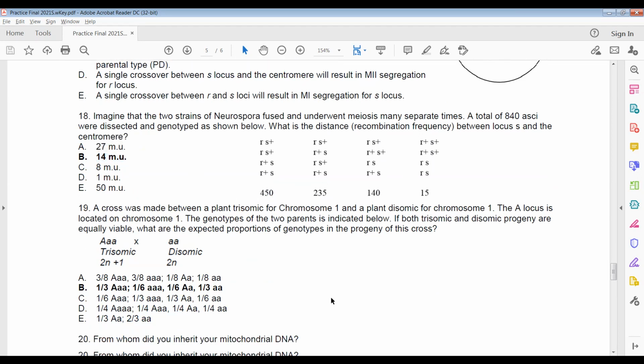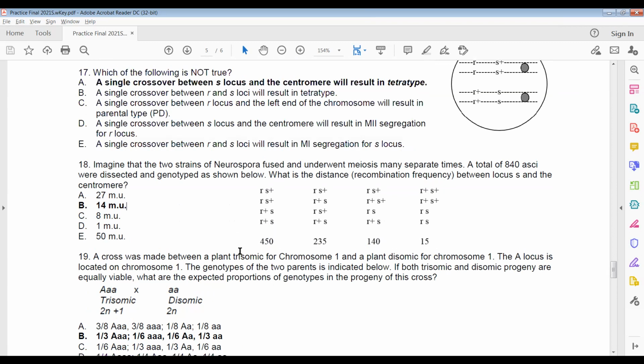This is easy. Professor, I had a question on 18. The first column, that's M1. The last column is also M1. The second column is M2. What's the third column? If we only look at S locus, that's S plus S plus SS, still M1, right? Here we just look at S locus.